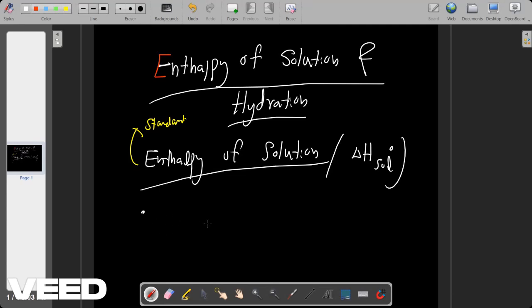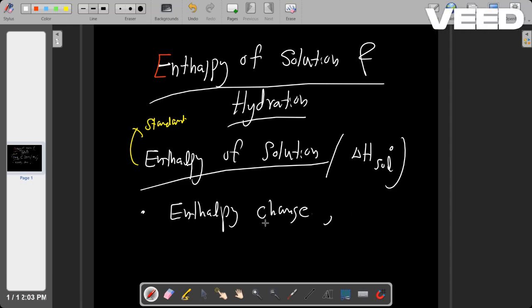The enthalpy change, you don't need to memorize these things, right? Enthalpy change when one mole of an ionic substance is getting dissolved. Most of the ionic substances dissolve, except there are some exceptions like barium sulfate. It is always given with respect to one mole.